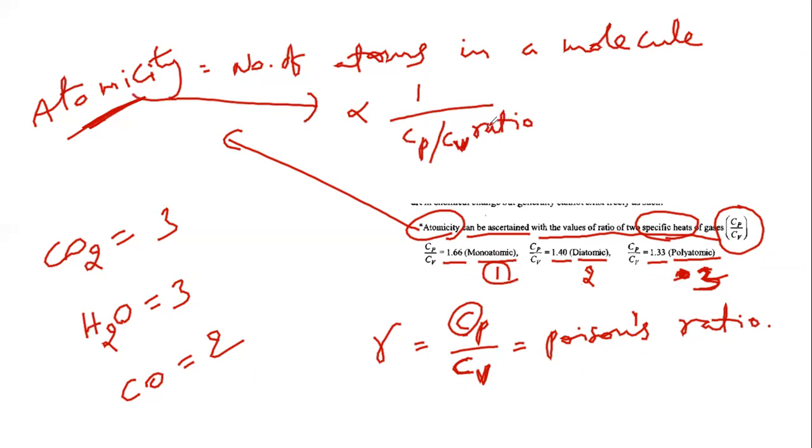Cp is the specific heat of gas at constant pressure and Cv at constant volume. So this concept also everyone should understand.